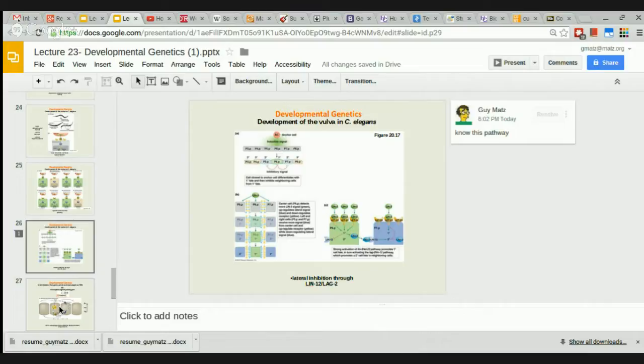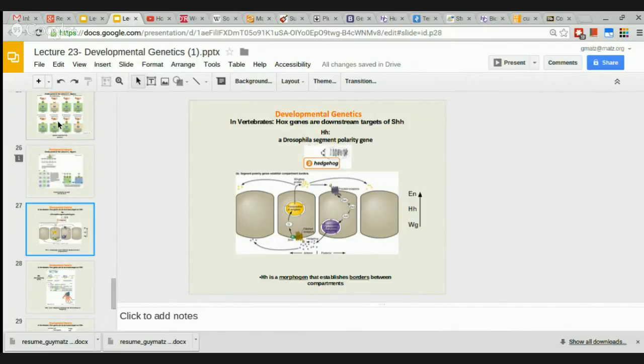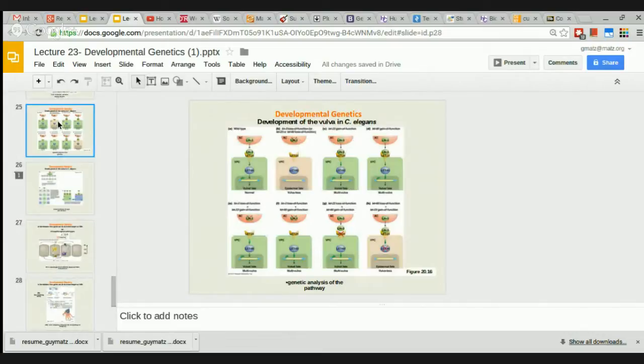Any questions about this slide with the double mutant analysis and epistasis tests? And the notion of gain of function and loss of function mutation, do you understand that? The receptor, Let23, can have loss of function mutations or gain of function mutations with very different outcomes.